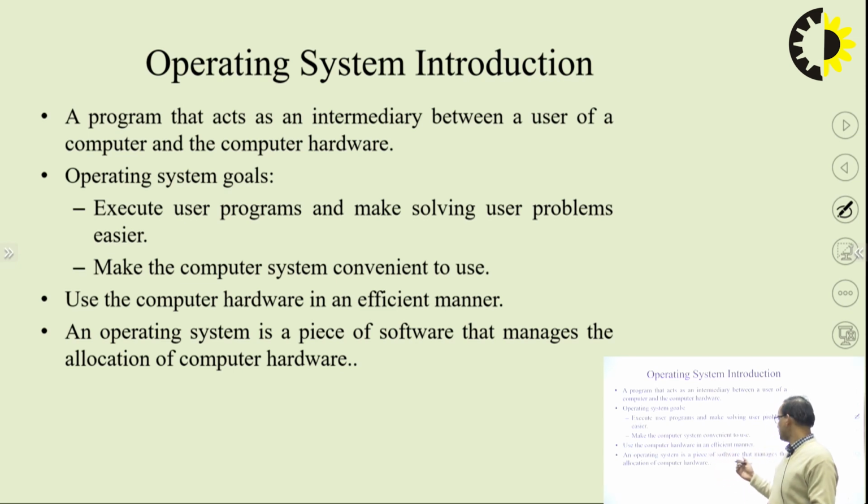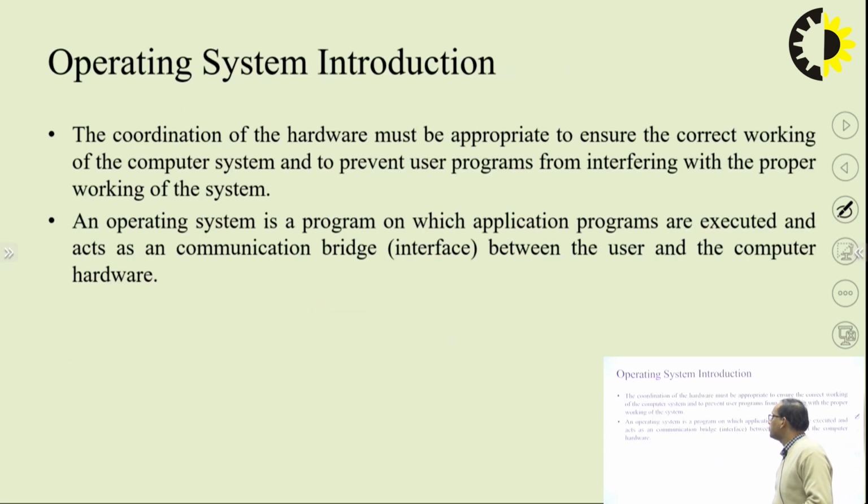So operating system manages all those hardware and their allocation to the different users' programs. The coordination of hardware must be appropriate to ensure the correct working of the computer system and prevent user programs from interfering with the working of the system.